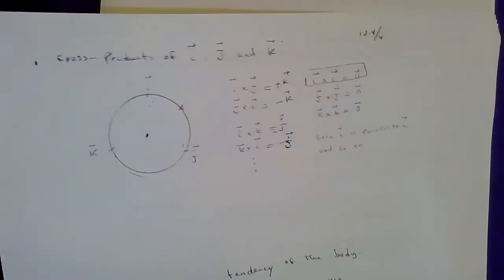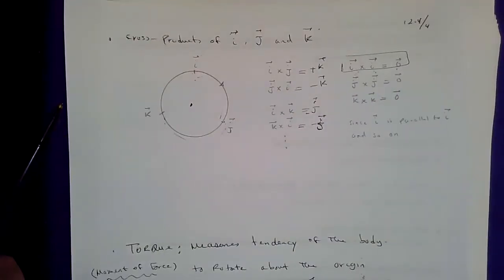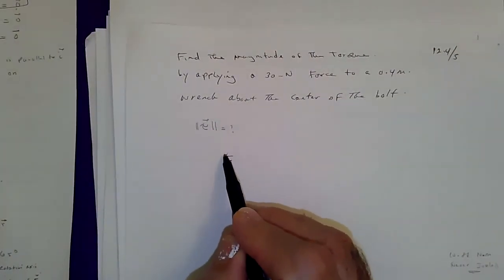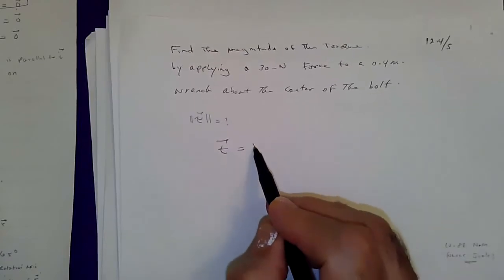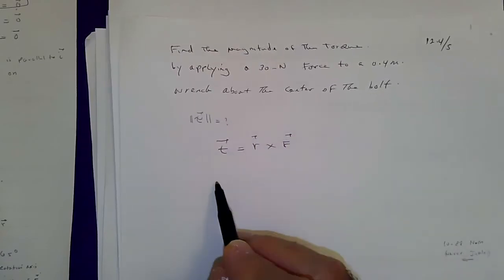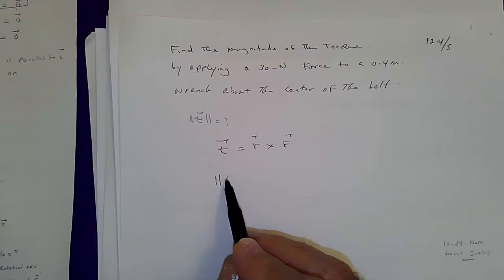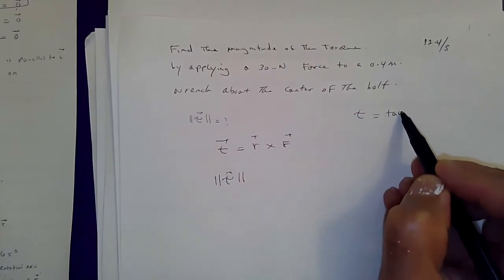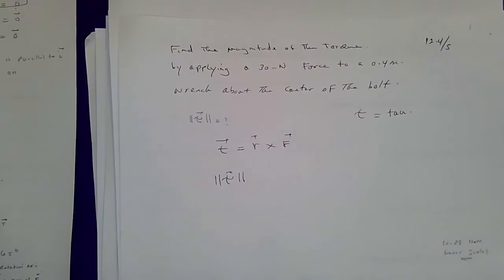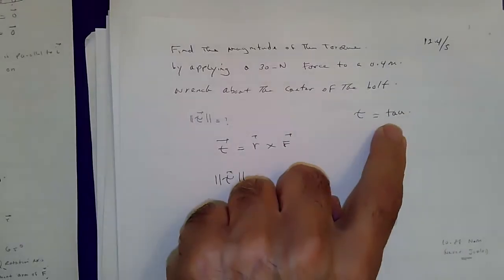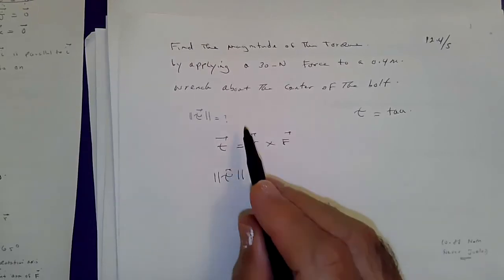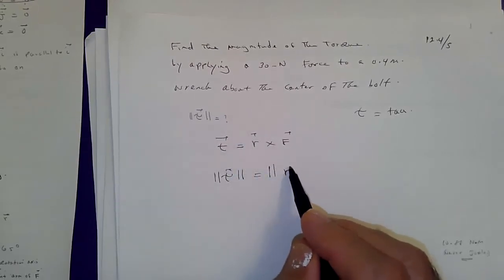To do this problem, we recite the formula, which is torque is R cross F. But remember, I'm interested in the magnitude of the torque. Incidentally, this is called tau, a Greek letter that indicates torque, T-A-U.